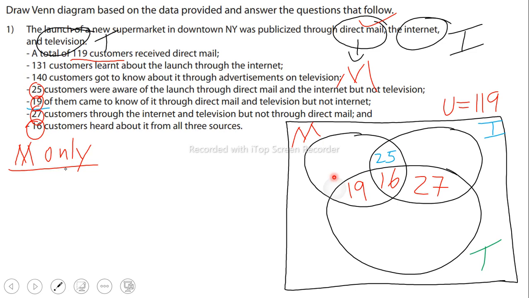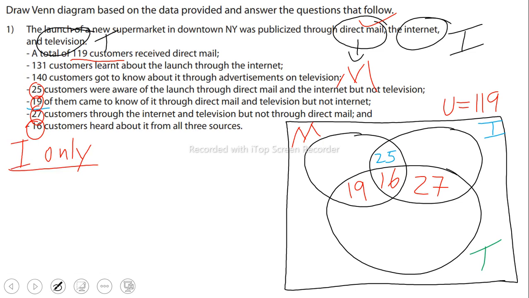Did they tell us that information? No, they didn't tell us. So we can't do that. Let's do internet first. They told us internet, so let's do internet first.